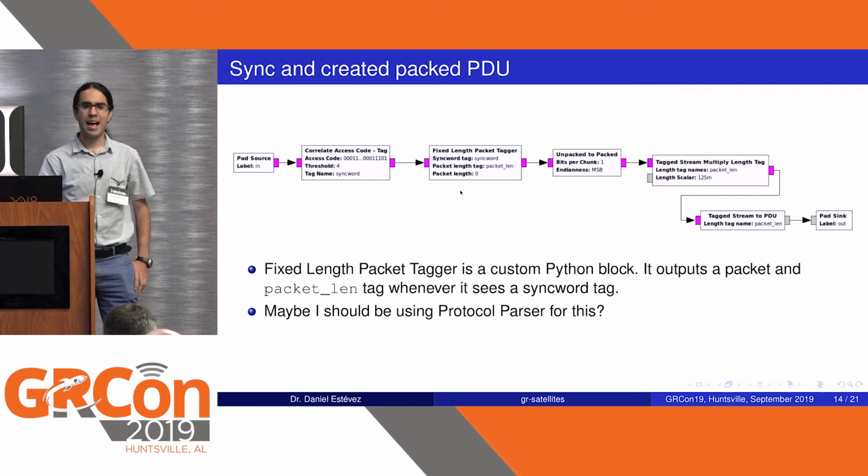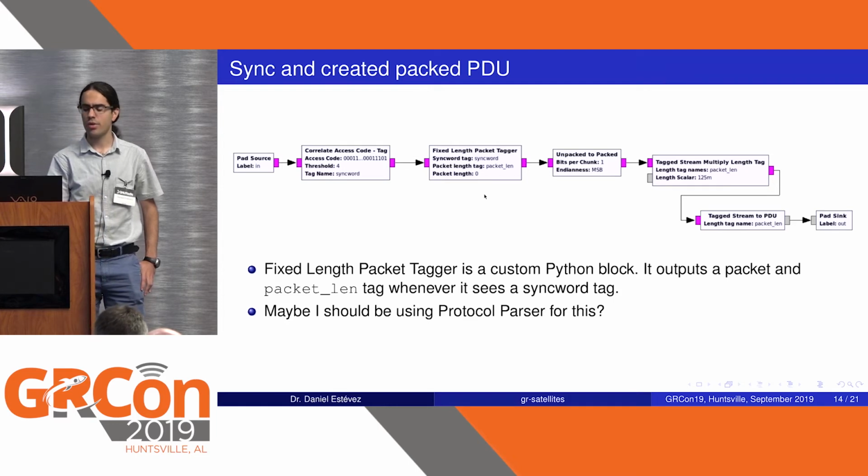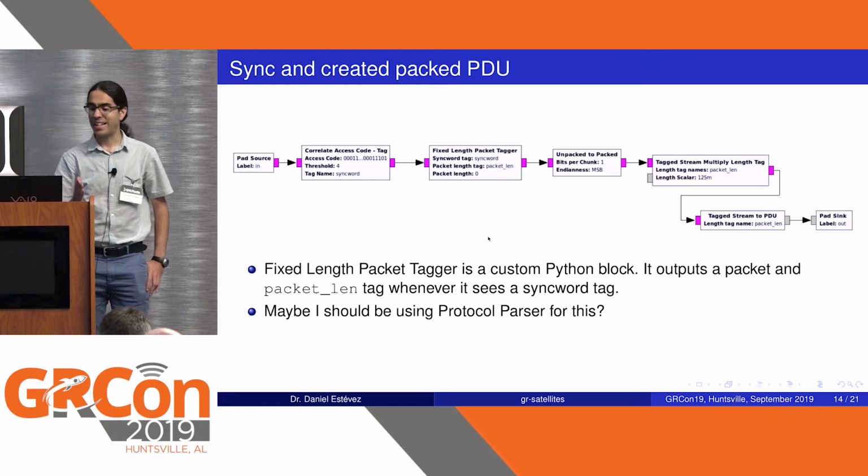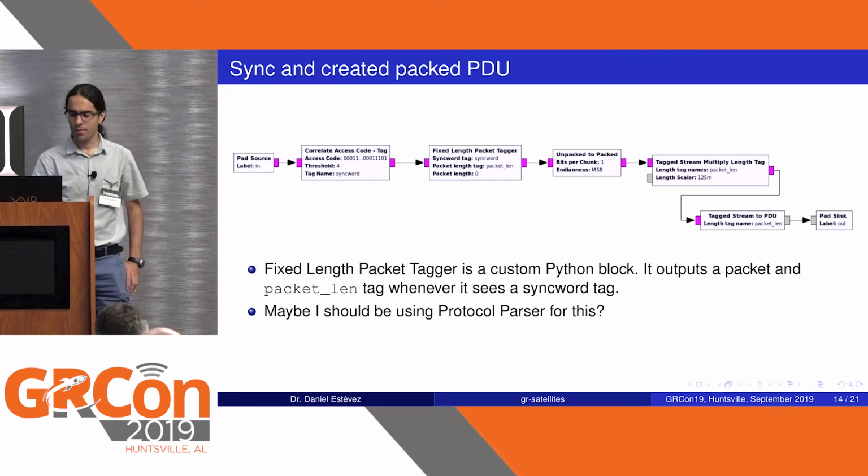So if you want unpacked data, so this is 1 bit per sample, then you are okay, and you can just do tag stream to PDU to get the PDUs. But if you want packed bytes, so this is 8 bits worth of data in each sample, you can do this sort of transformation to pack the bits and also, of course, transform the packet length tag accordingly.